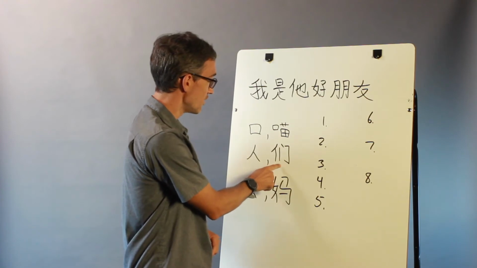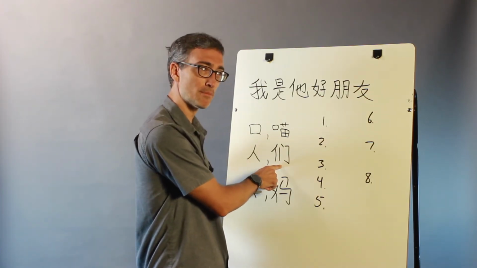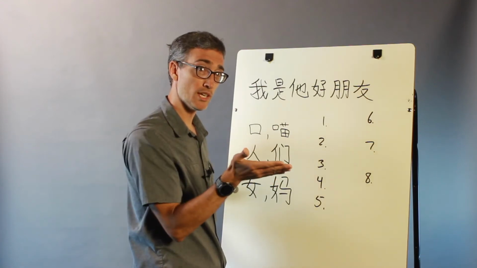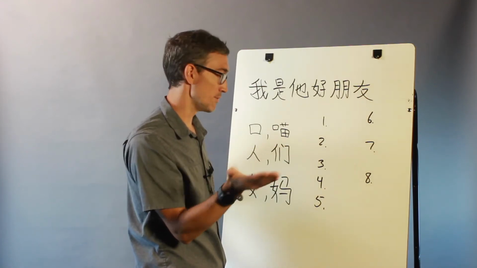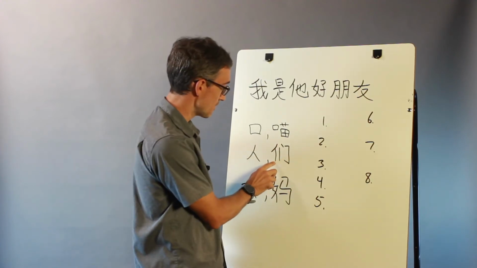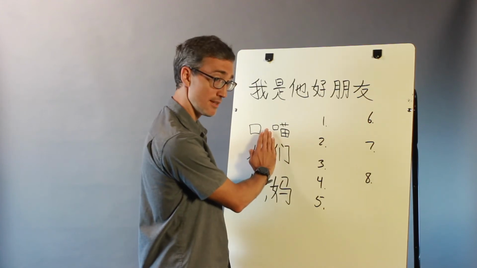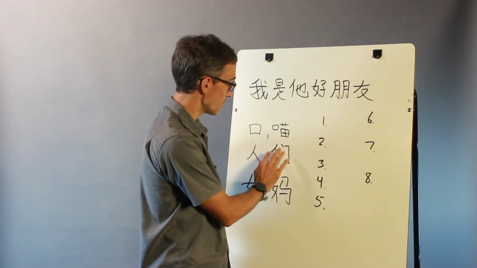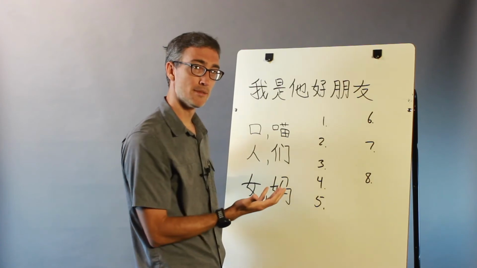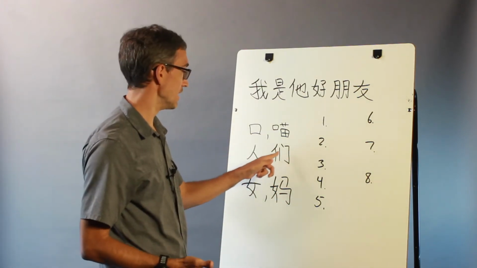Here, same thing. This one is the part of a pronoun that makes it plural, like I becomes we, he becomes they, she becomes they, that kind of thing. So it has to do with people. So this means person, gives you a meaning clue. This by itself is mén, which means door, but this whole character is pronounced men, which means we, so we have a meaning and a pronunciation clue.